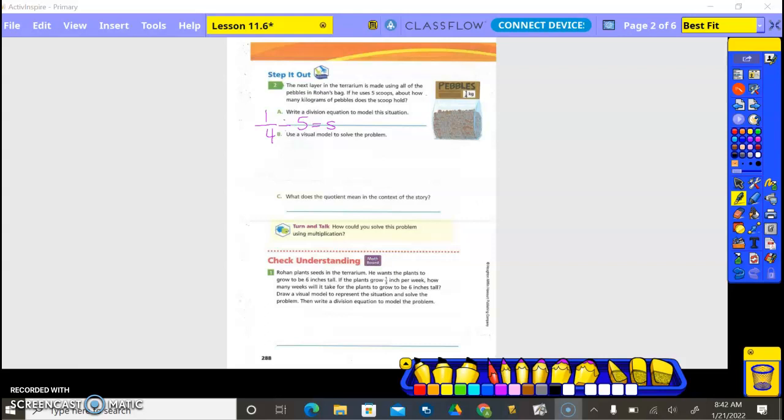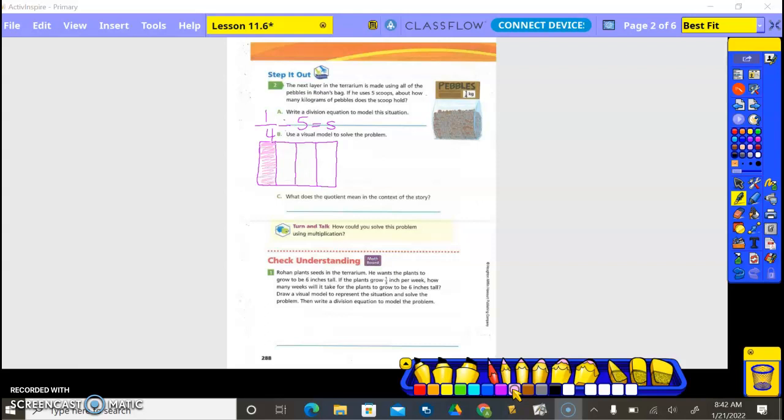Okay. So use the visual model to solve the problem. So we're going to have our box. How many sections do we break it into? 4, because we're looking at the total first. So we break it into 4. To help you guys, lightly shade the first section, because that's all we're using, right?